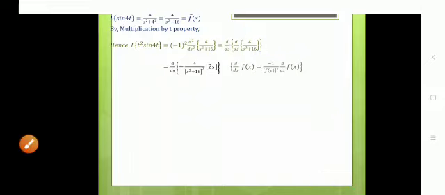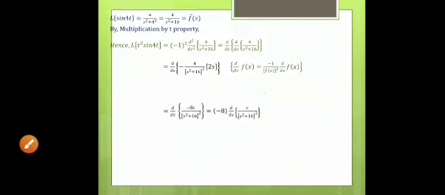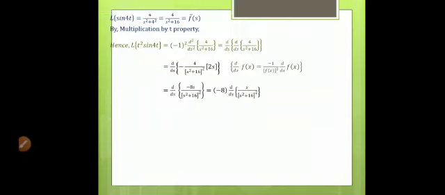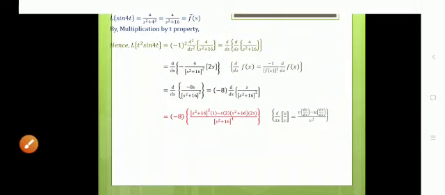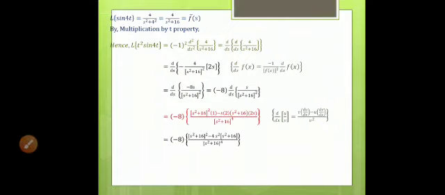Again we have to apply the second derivative. On simplification, we get this result with the application of the d by dx of u by v rule, with u equal to s and v equal to (s square plus 16) whole square. This gives the simplified result as this one.